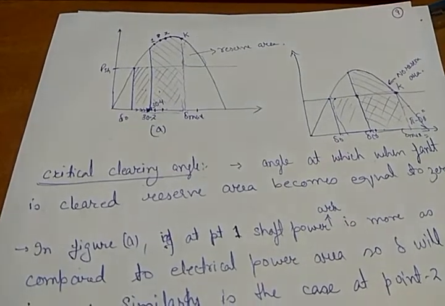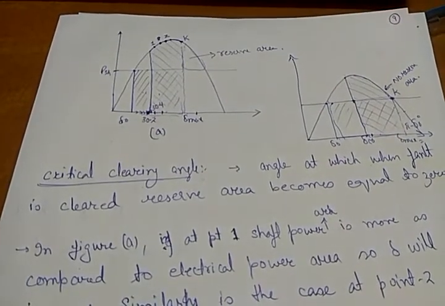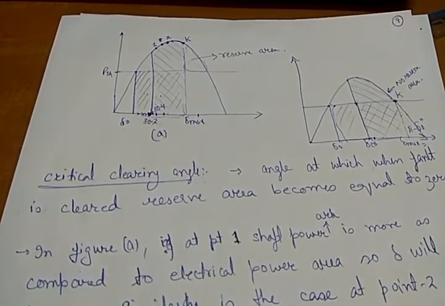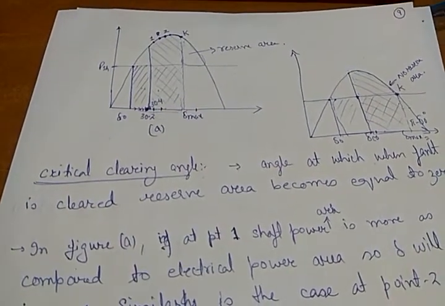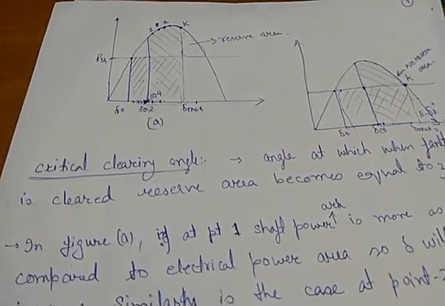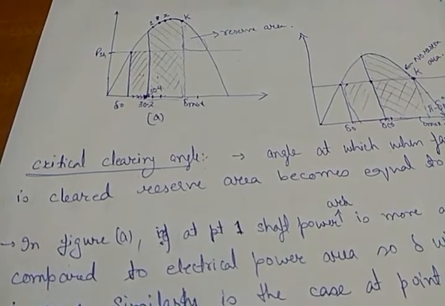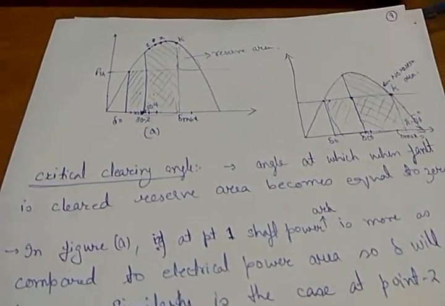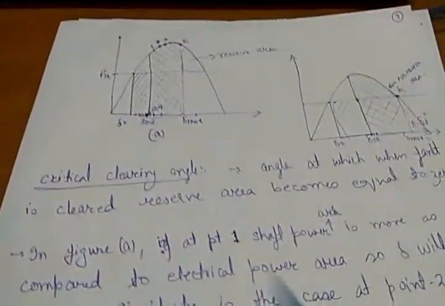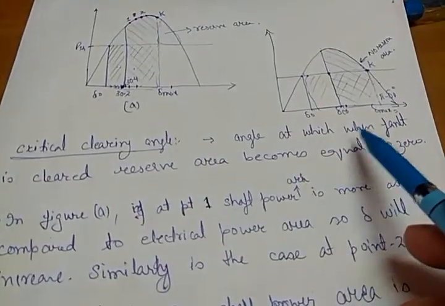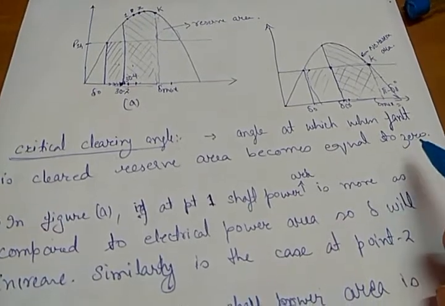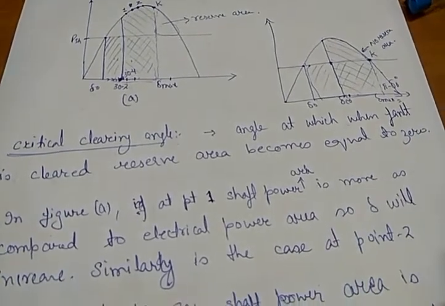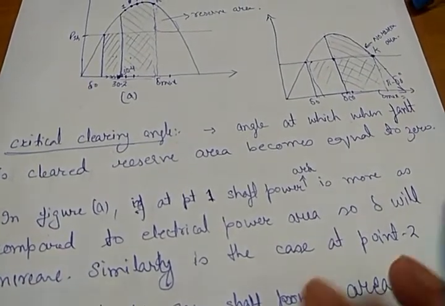The electrical power has no tendency to increase, because it will not have any capacity to increase further. Instead, it will decrease. So it will increase the difference between the two powers. Okay. So that is why I am saying the critical clearing angle is the angle at which, when the fault is cleared, the reserve area becomes equal to 0. And if the fault is cleared after delta CR, the system may lose synchronism.